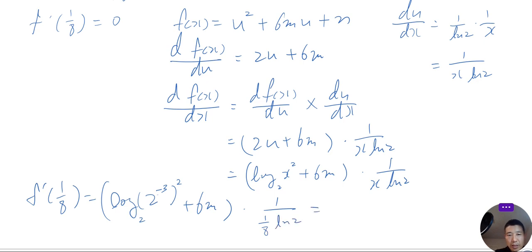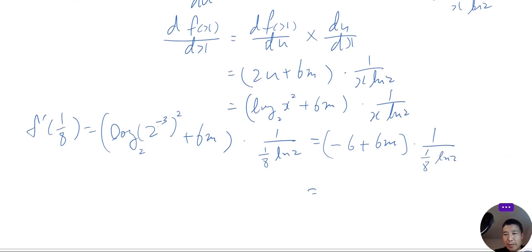So what is this? That's just simply 2 times negative 3, which is negative 6, plus 6m, times 1 over (1/8) ln 2.